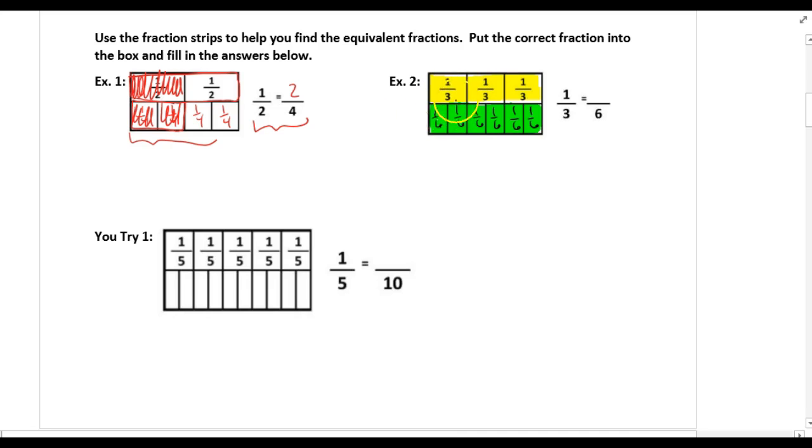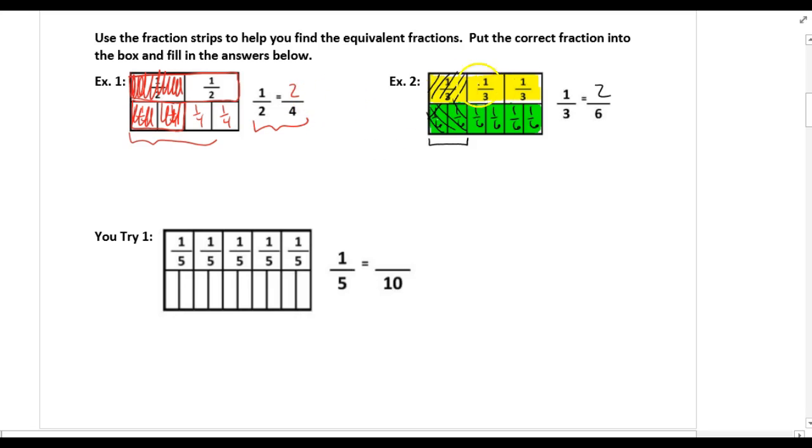Okay, so how many sixths does it take to make a third? Right, if I combine these two sixths, I get that rectangle as a third. 2/6 would equal that 1/3, right?